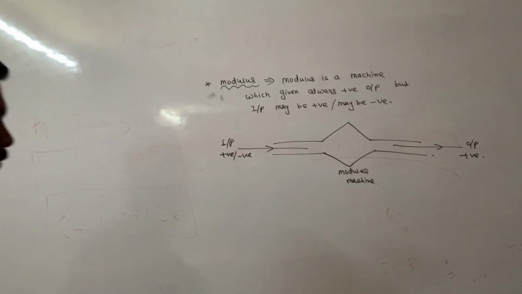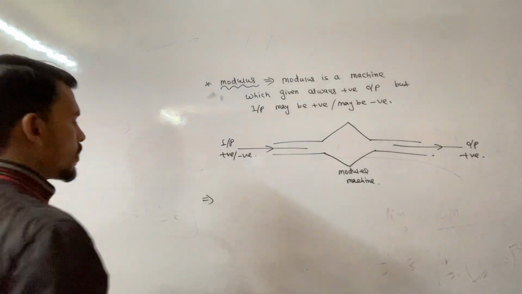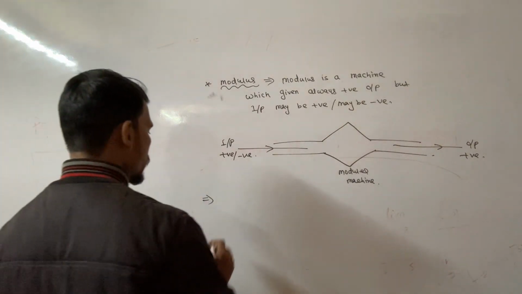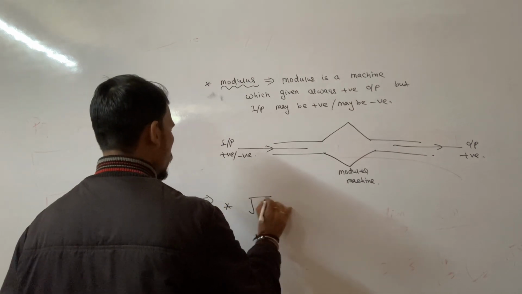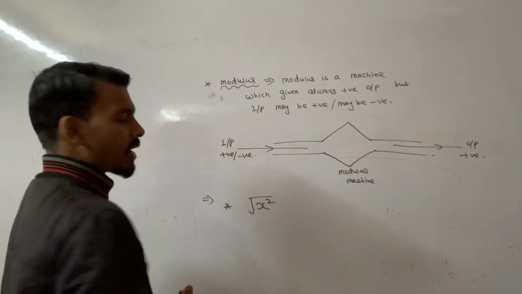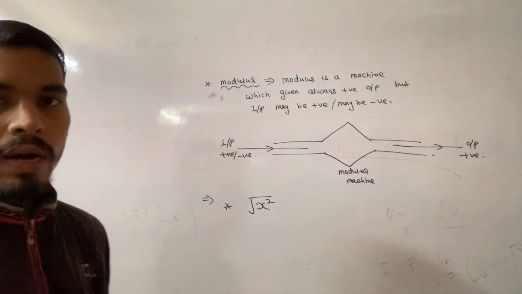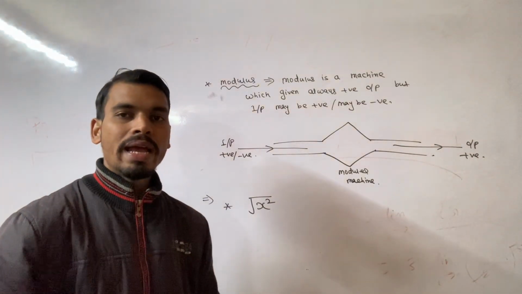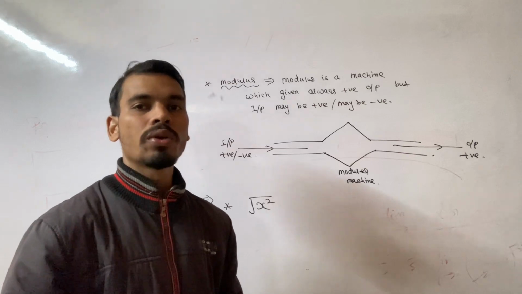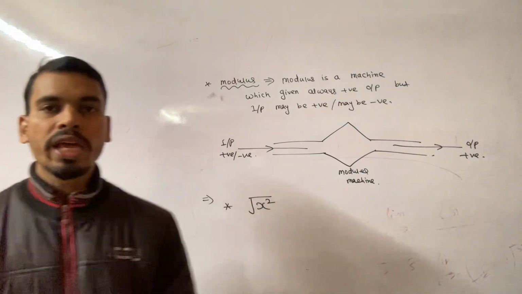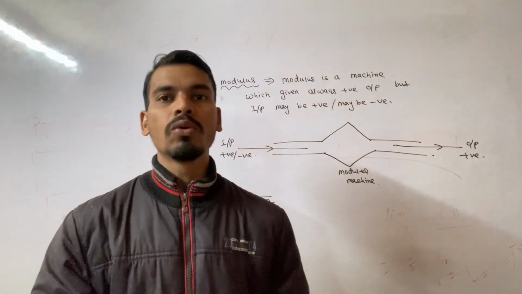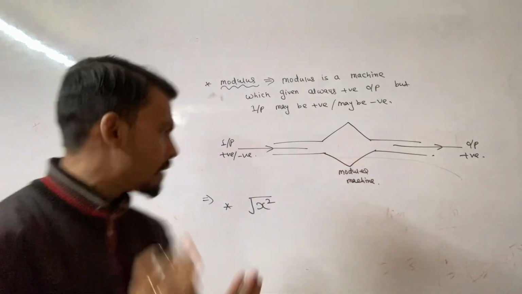So if we take the example and basic definition of modulus, suppose we take positive square root of x square. There are two types of square root. One is positive square root and another is negative square root. The positive square root gives always positive value and negative square root gives always negative value.